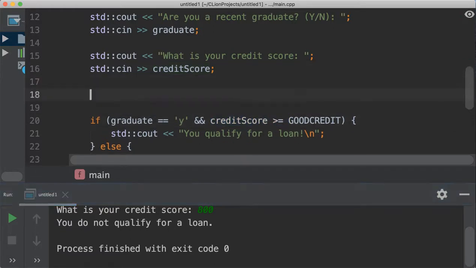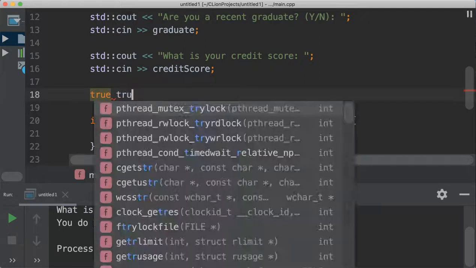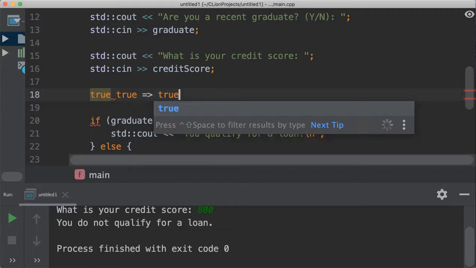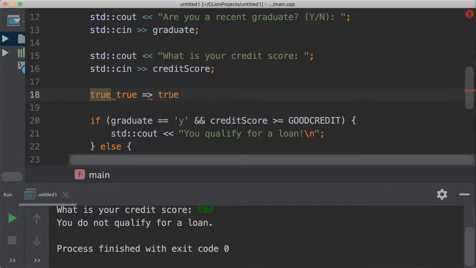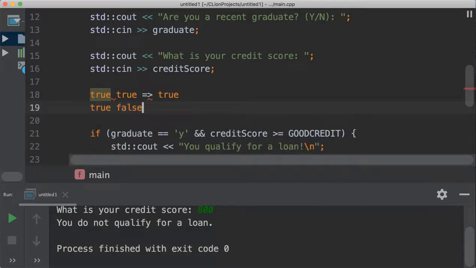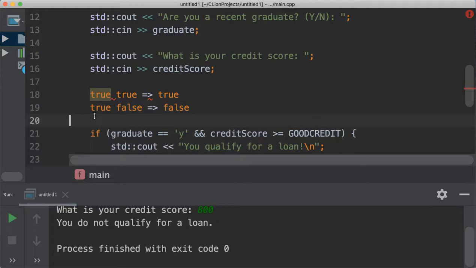The truth table for this basically says true, true, you get a true. If you have a true and a false, you get a false. If you have a false and a true, you get a false.